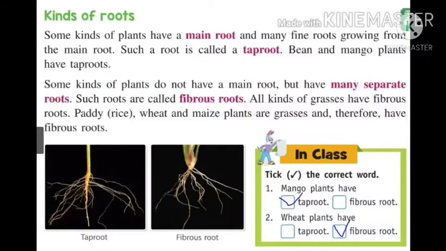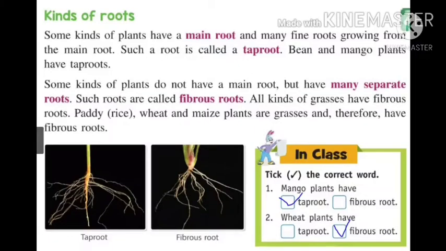Some kinds of plants do not have a main root but have many separate roots. Such roots are called fibrous roots. All kinds of grasses have fibrous roots. Paddy, wheat, and maize plants are grasses and therefore have fibrous roots.